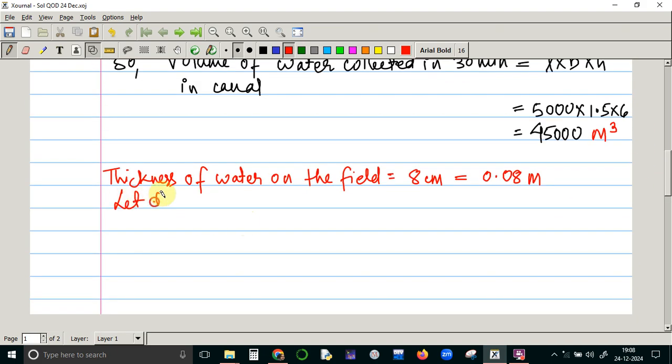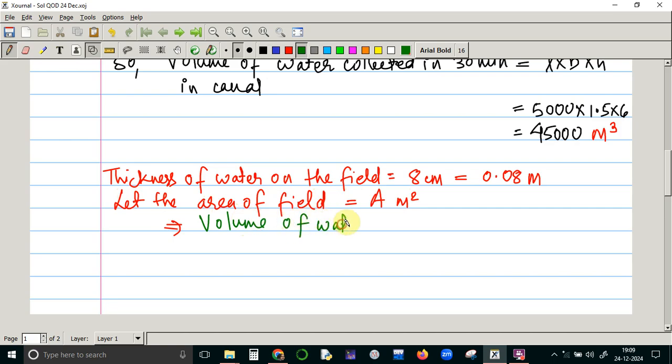Let the area of the field be A meter square, which implies volume of water on the field is equal to area into 0.08 meter cube.